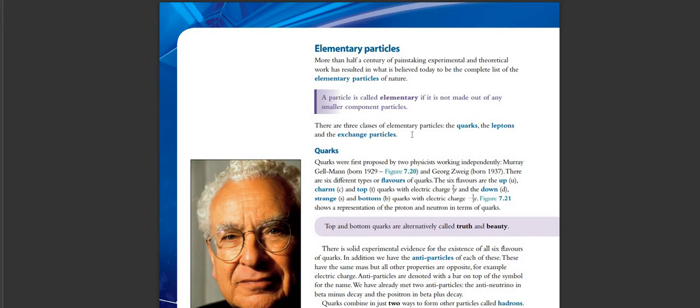I'm going to go over quarks and leptons, but not exchange particles because I am not entirely sure about them. I found them a little confusing, and it is confusing in general, so I'm really sorry about not covering it. I can try and fit it in at the start of my next session if you guys would like, but for today I'm not going to go over it.